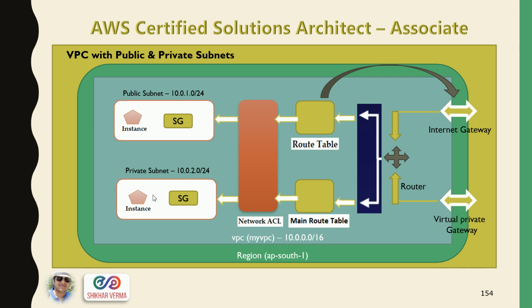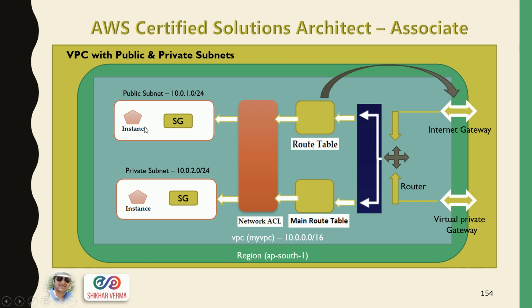So you can create your critical servers inside this private subnet, and to access your instances that are in the private subnet from the corporate network, you need this virtual private gateway, and this gateway will be connected to the corporate network gateway using the VPN connection. So this is one way to access the instances which are in the private subnet.